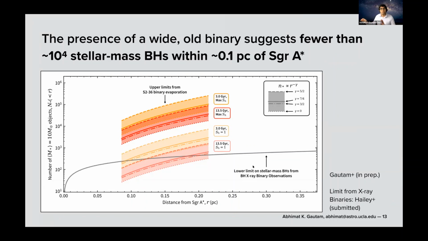And these are constraints that are coming out from larger distances, but if we project them inwards, these are the constraints that we expect. So what's exciting is that if we combine both of these things, our observations can give us upper limits while these X-ray observations can give us lower limits, and we can sort of sandwich what the expectation is. And this is really interesting because these are some of the first tight constraints that we can get on the actual number.